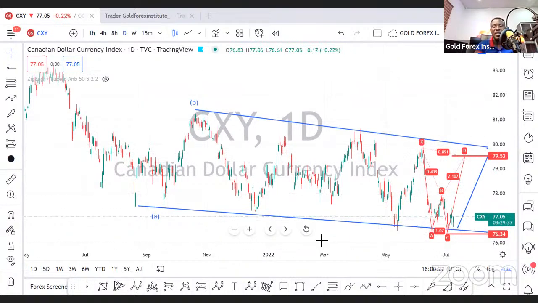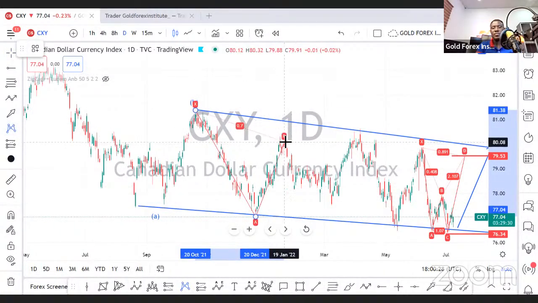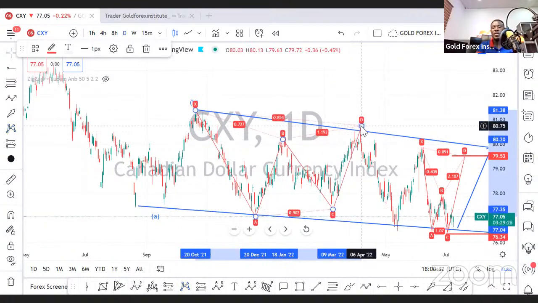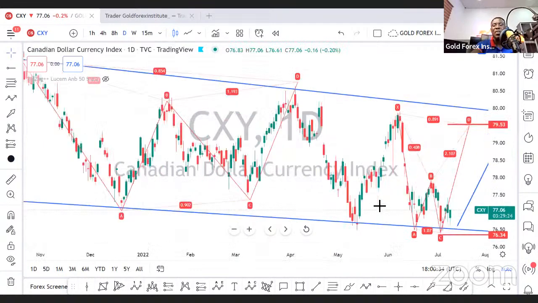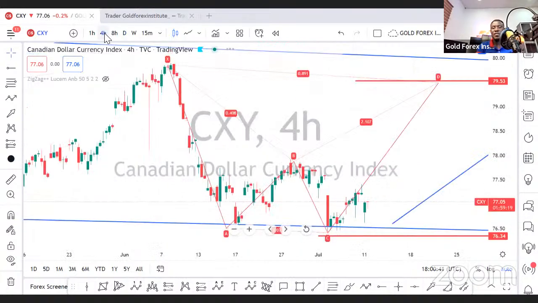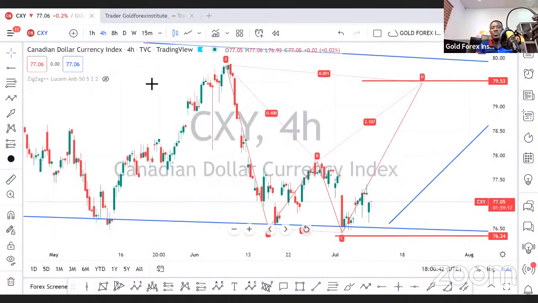So that means that this one form harmonic pattern, right? Okay. Now we are expecting another harmonic pattern because this was a breakout of market structure. Let me show you guys very well. So you can see this is a breakout of market structure, a retest. So we are going all the way to this place.